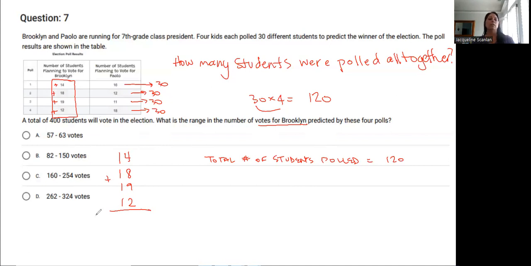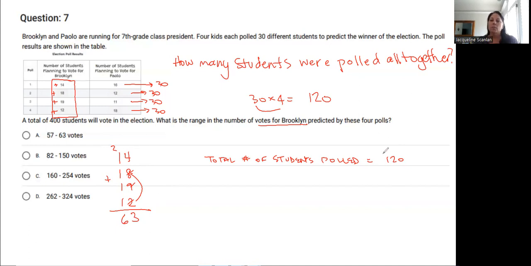So we're going to go ahead and add this together. I'm going to keep it as simple as I can. 8 plus 2 is 10. 10 plus 9 is 19. And 19 plus 4 is 23. Carry the 2. 2 plus 1 is 3, plus 1 is 4, plus 1 is 5, plus 1 is 6. So I've got 63.